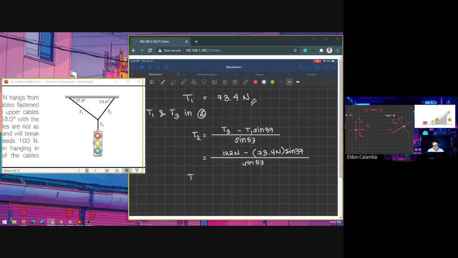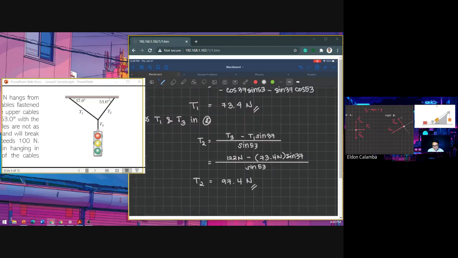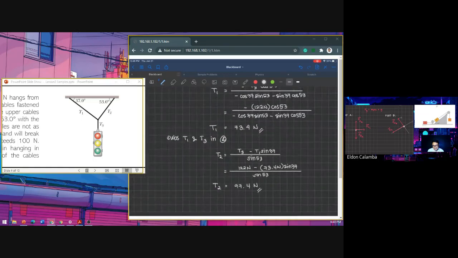So T2 is now equal to 97.4 newtons. So T2 is almost going to break, because it is close to 100 newtons. Okay, so those are the values of your T1 and T2. So that's for problem number 3.